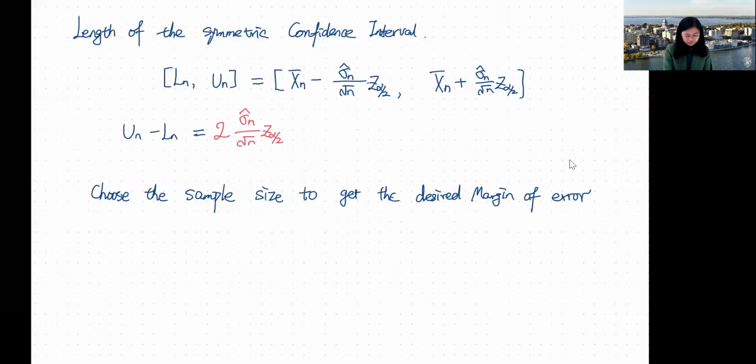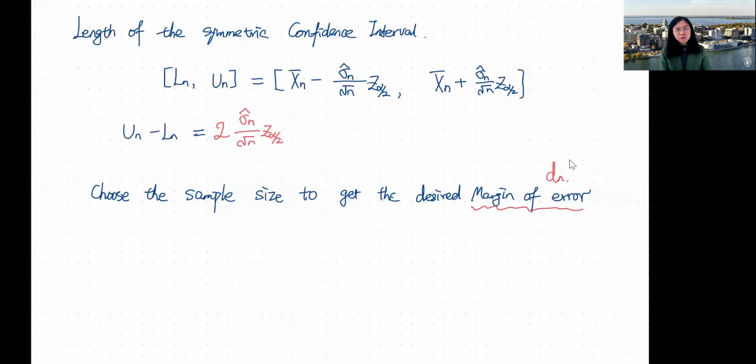Sometimes you might be asked to choose the sample size to get you the desired length. The dn is also called half of the length, and it is also called the margin of error for the confidence interval. Sometimes you might want to choose the sample size to get the desired margin of error.